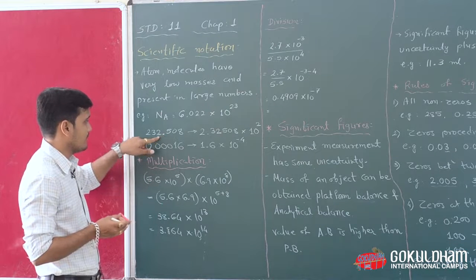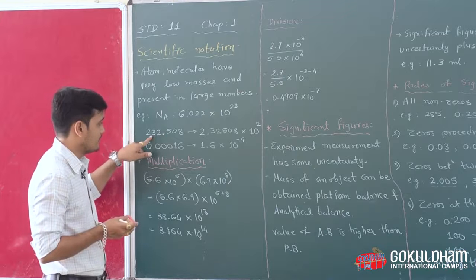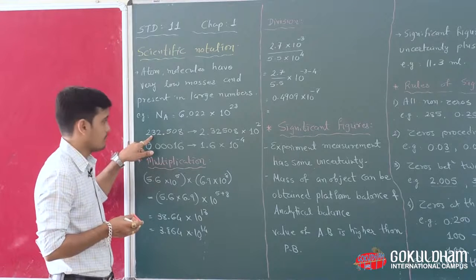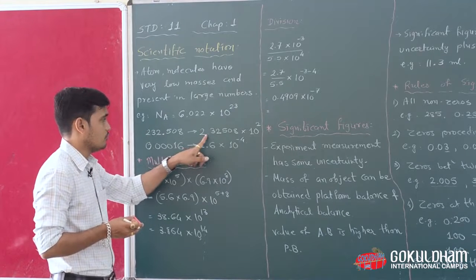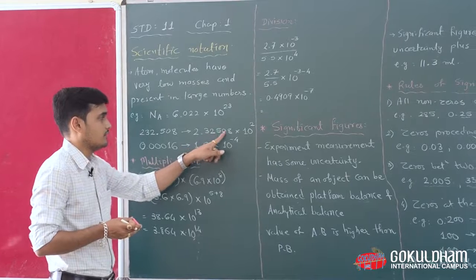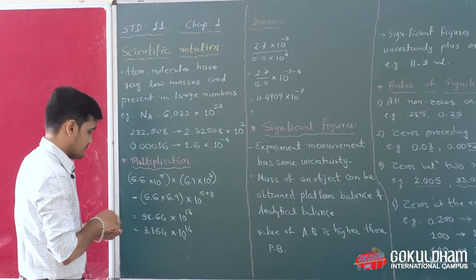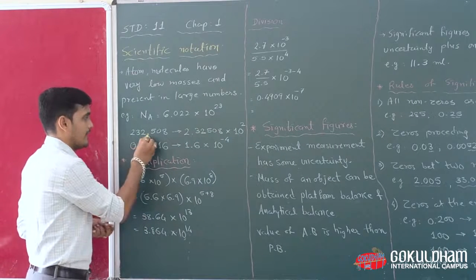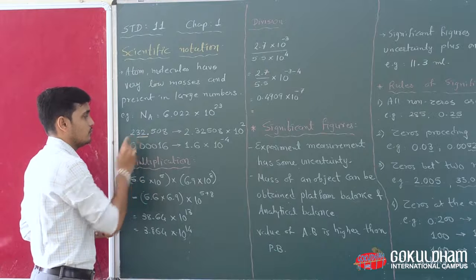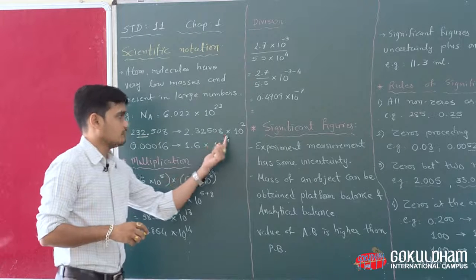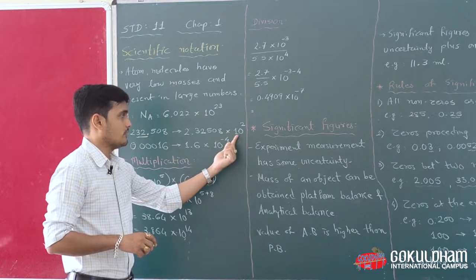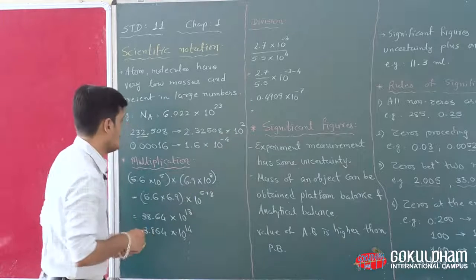We put this decimal on the left-hand side, near the 2, so our value becomes 2.32508. We are moving the decimal by 2 digits to the left, so our value is into 10 raised to 2.